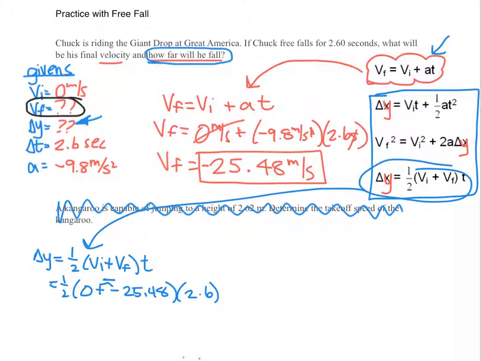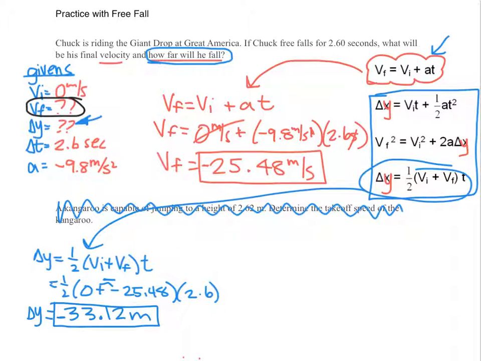So we really have 1/2 times negative 25.48 times 2.6. So if we do that math, we get a vertical displacement of 33.12 meters, and it is negative. Why does it make sense that we get a negative number? Because he's falling down. So the vertical displacement, where he starts to where he finishes, is negative.